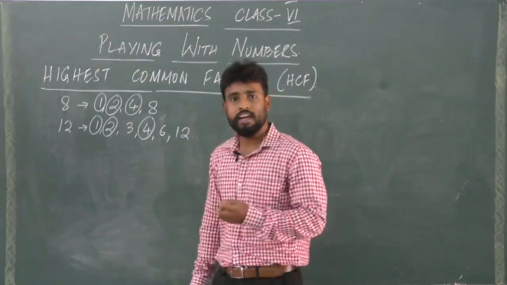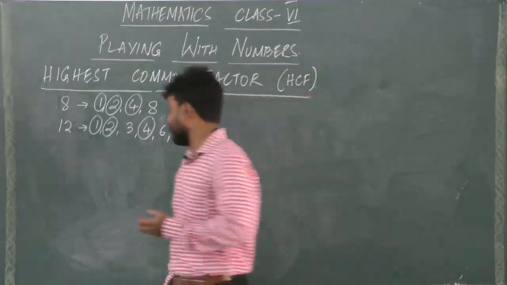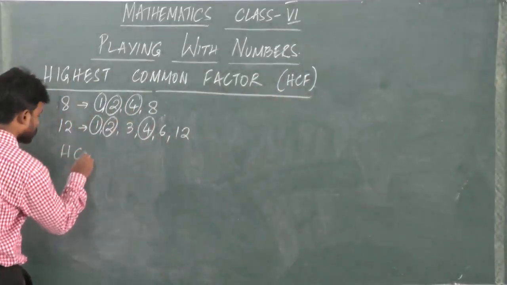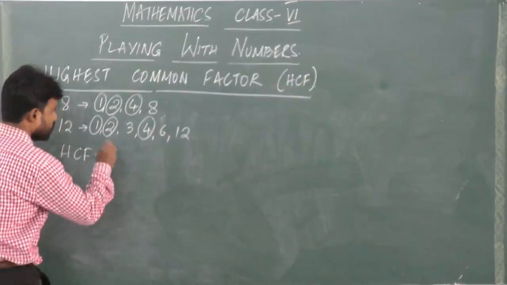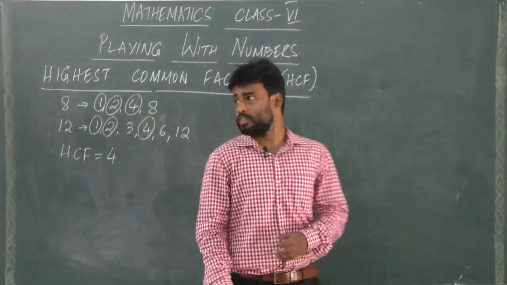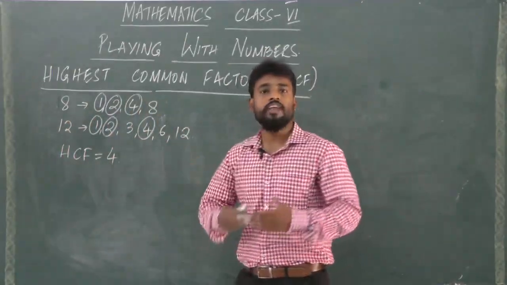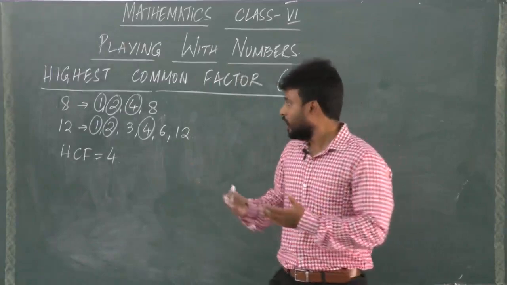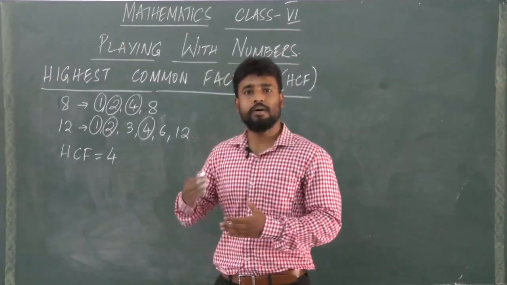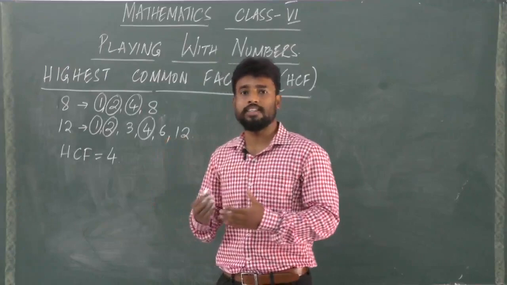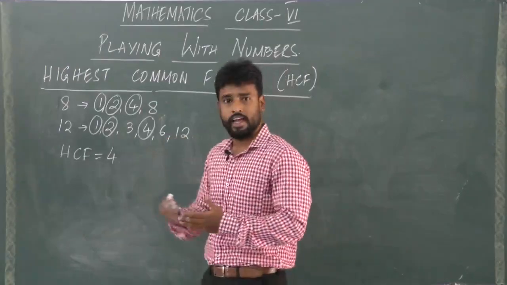If you see that, we get 4 as the answer. So HCF is 4. This is how we find the HCF. First we find the factors, then we mark the common factors, and then we check which common factor is the greatest. That gives us the HCF.